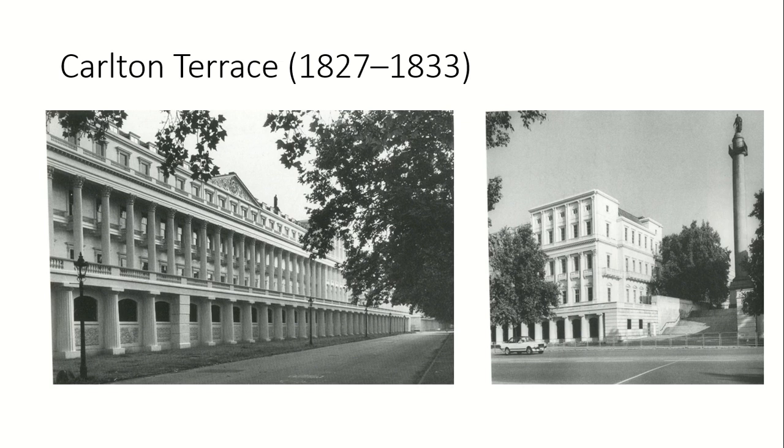Nash produced the Carlton Terrace with terrace houses, which in the design integrated use of pediments and columns. These ornate details and the occasional house size that would be wider than most normal terrace housing, spanning about 30 feet, would indicate that these terrace houses were to be housed by the wealthy English population.